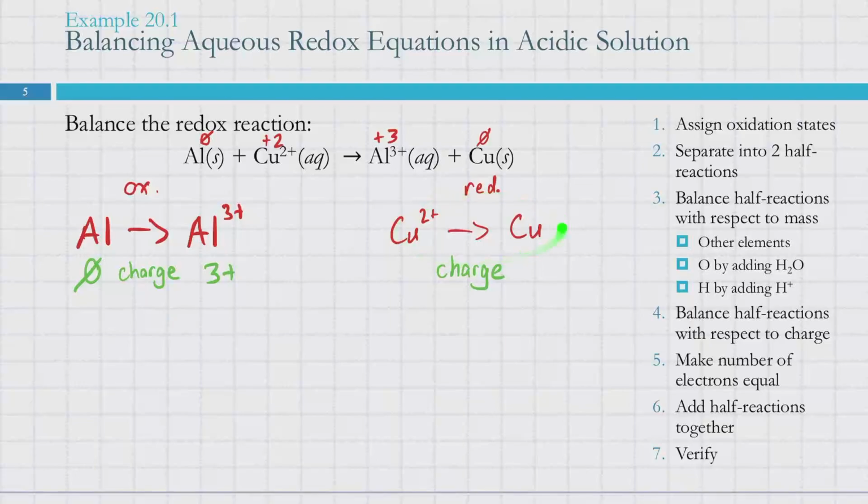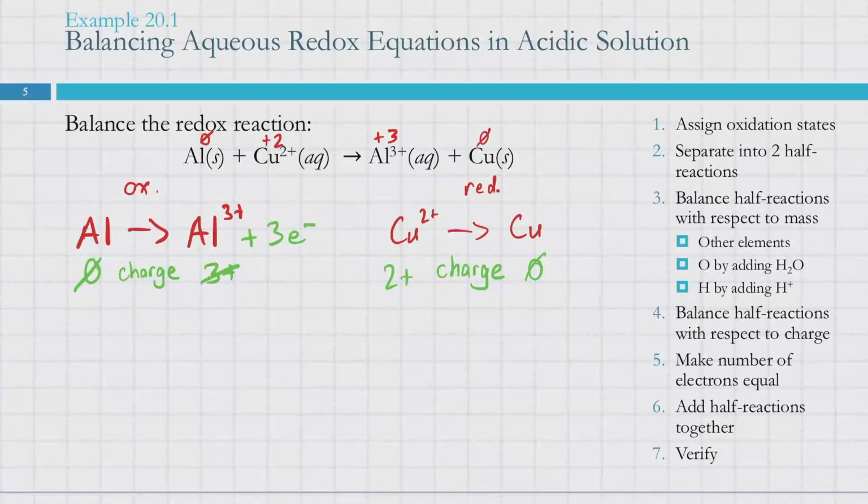For our copper half reaction, we've got 2+ on the left side, and we've got 0 on the right side. To balance our charges, we can add electrons. Electrons are negatively charged, so we're going to add them to the side that has the higher charge. So for our aluminum half reaction, we need 3 electrons on the right side.